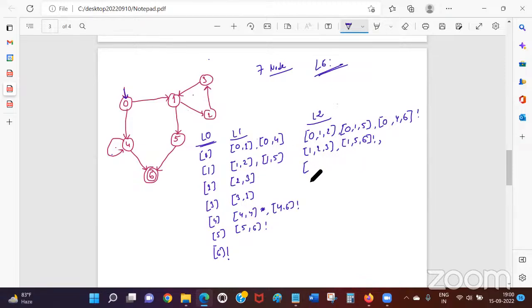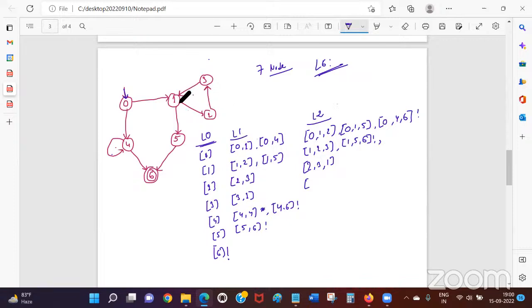Let us check for 2, 3. So I can have 2, 3, 1. I cannot have anything more with 2, 3. Can I have anything with 3, 1? Where is my 3, 1? I have 3, 1 here.